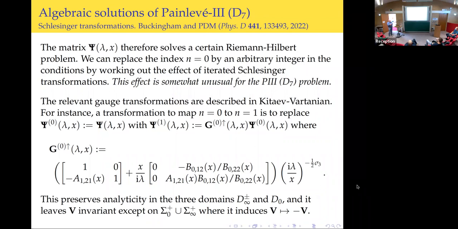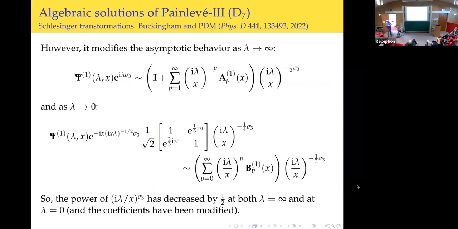And also the transformation leaves the jump matrices completely alone, except on these two parts here, which were the parts that were going up. That's where the branch cut is actually for this lambda to the power minus a half. So there, what it does is it changes the sign of the matrices, and that's all it does. Okay. However, even though that's pretty simple, what it does is it modifies the asymptotic behavior at infinity and at 0.